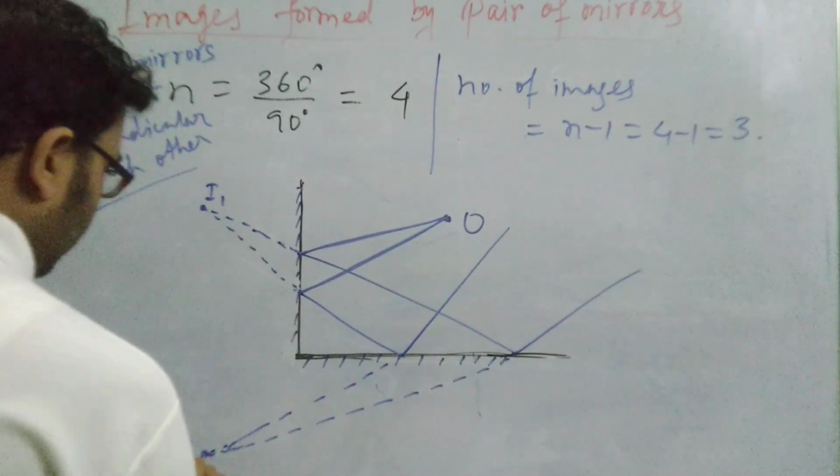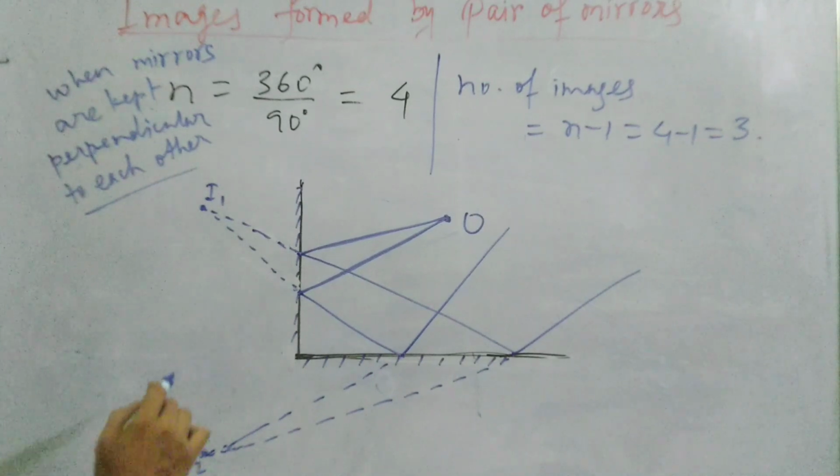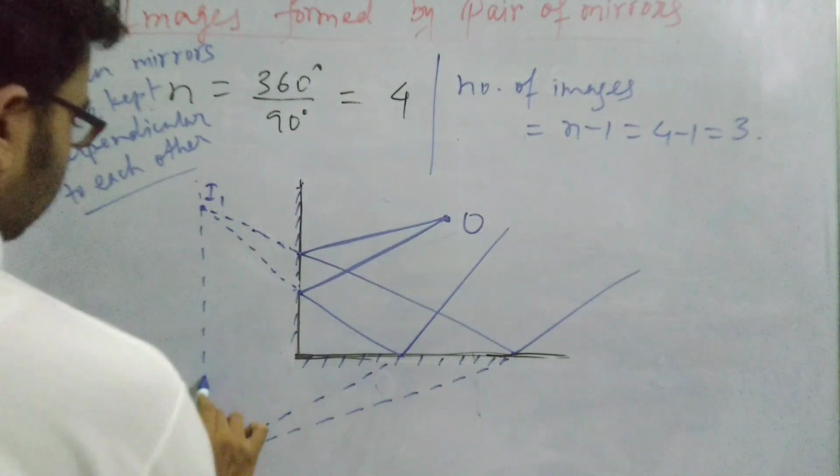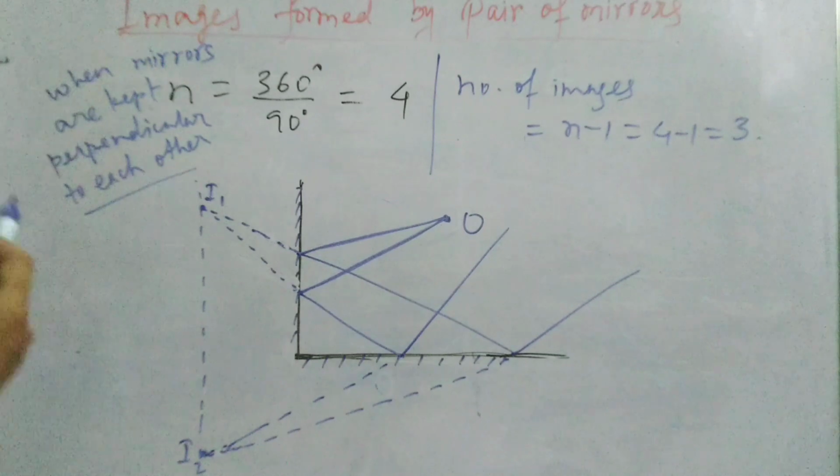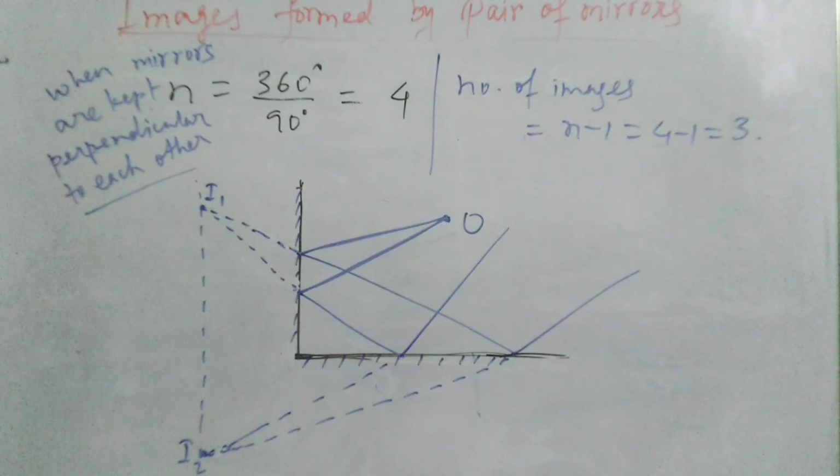Now the first image I1 acts as the object for the second mirror, and I2 also acts as the object for the first mirror. So when the light rays are reflected, there will be another image formed.